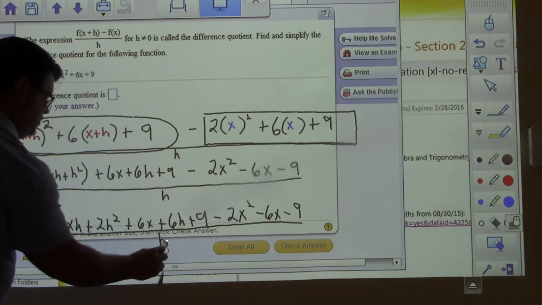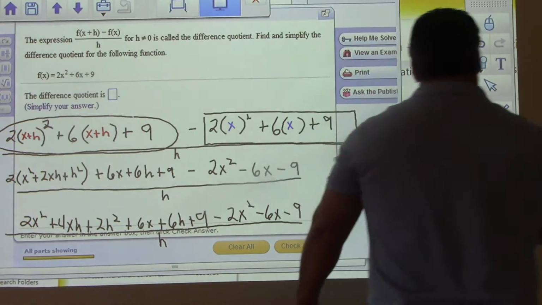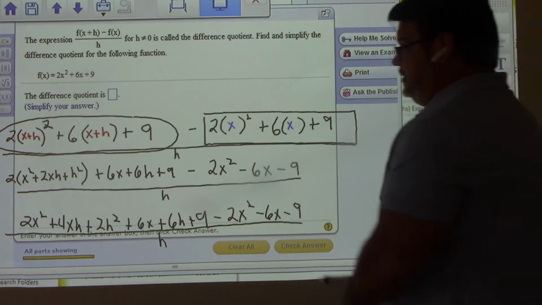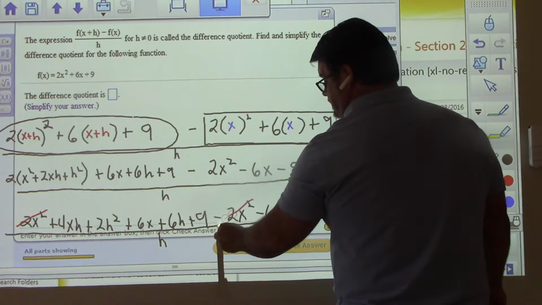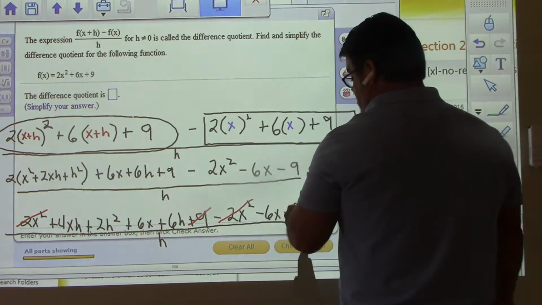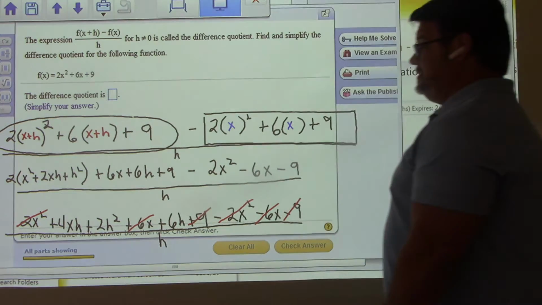All over h. And what's going to cancel? Well, let's see. Take our red marker. The 2x squared is going to cancel with what? The 9 is going to cancel with the negative 9, and the 6x is going to cancel with the negative 6x.